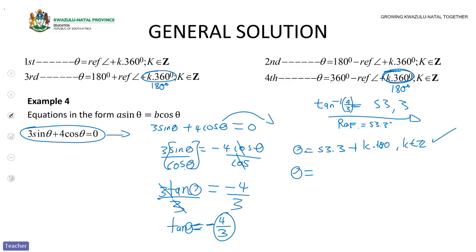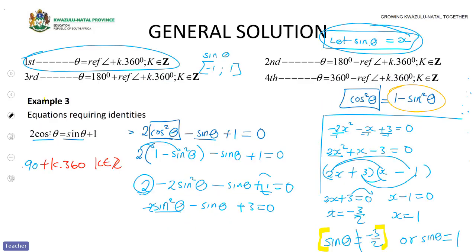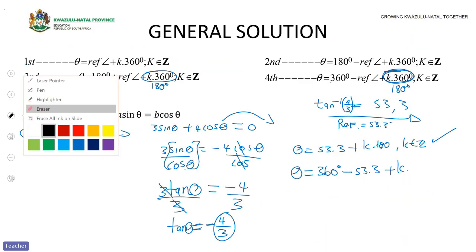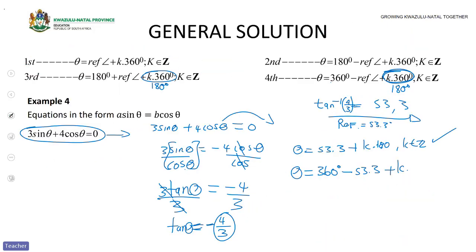It's theta equals 360 degrees minus the reference angle, which is 53.3, plus k times 180 degrees. It's 360 because we are dealing with tan, plus k times 180, where k is an element of all integers.